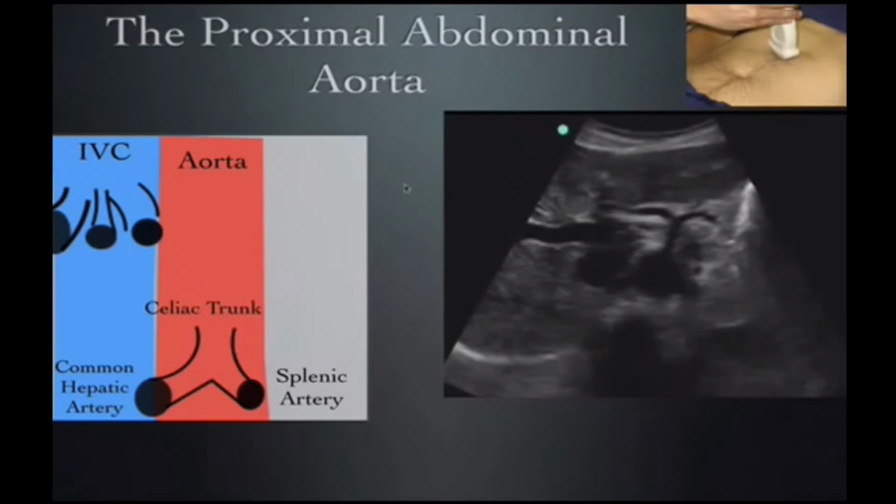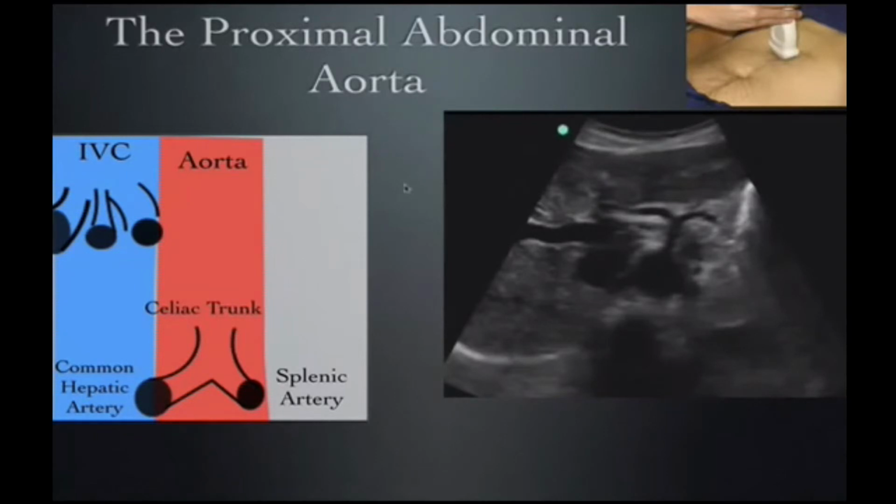Now, body habitus and bowel gas are clear limitations when it comes to doing abdominal vasculature sonography. But a lot of times, if you're patient and apply some pressure, you'll be able to acquire the images that you look for. Now, you can also have the patient relax their abdomen simply by asking them to do so, or have them bend their knees, which will also relax their rectus abdominis muscles.